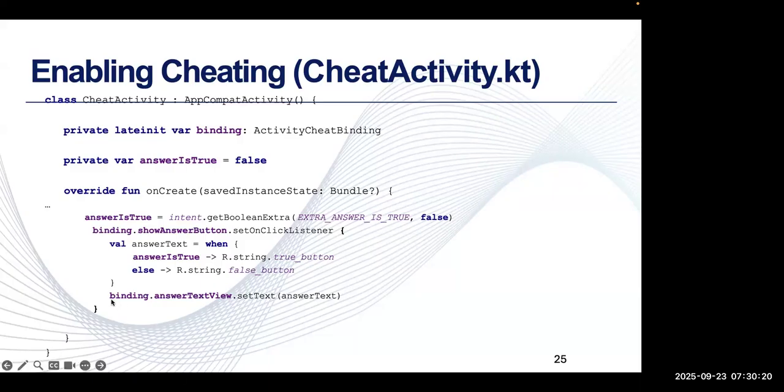Then binding answer is just to display the actual answer. I think that was there before. But here we are determining whether that button was pressed or not. So answer text, was it pressed or not?